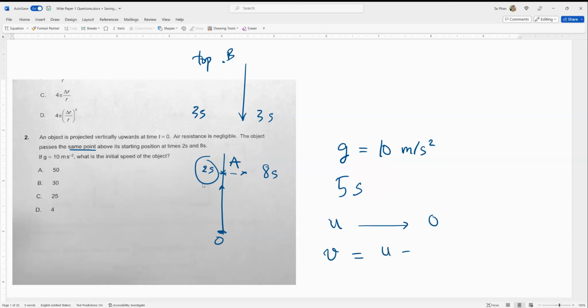V is u plus at. u is what we need to find. V is 0. And a is negative 10 because the object is going up and the velocity is decreasing. The time we already determined is 5 seconds, and therefore the velocity u must be 50 meters per second. Okay, 50, answer A.